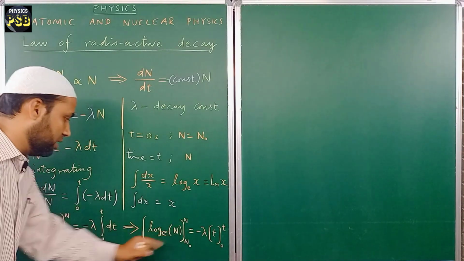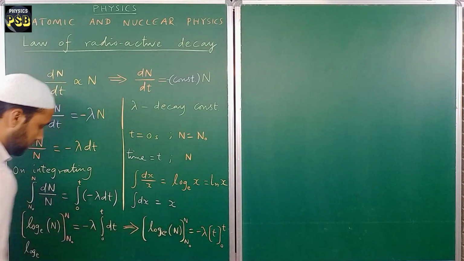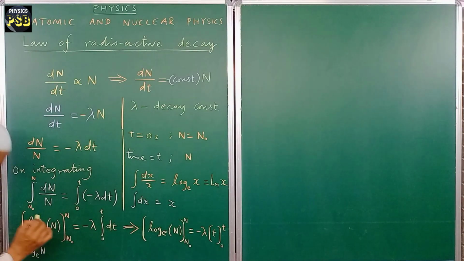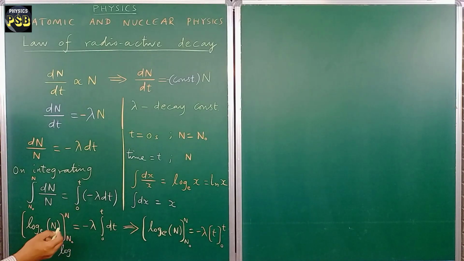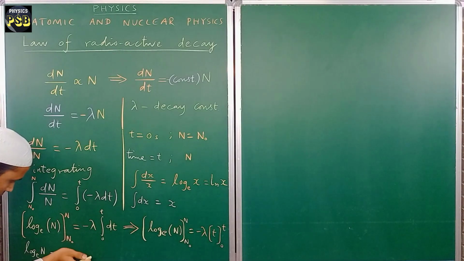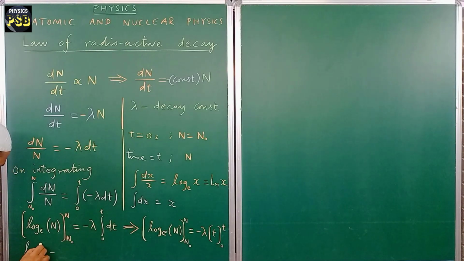In the place of n, I am going to write the upper limit. Then in the place of n, again I will write the lower limit. Okay, n minus n naught.